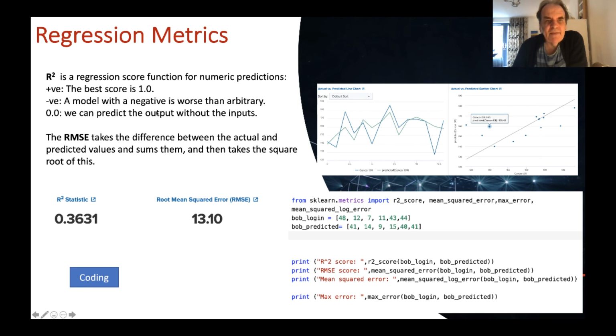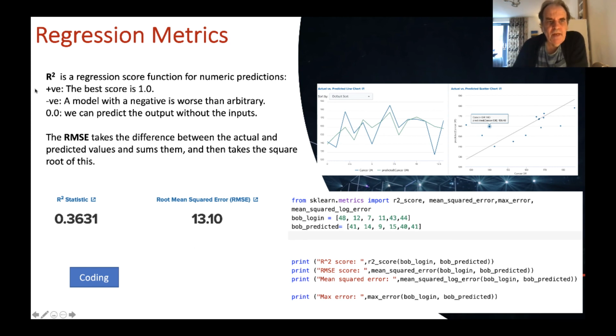If it's negative, then it's actually worse than arbitrary. If it's 0, then we can predict the output without knowing any of the inputs. So we vary from +1 down to -1. Anything below 0 is not a good score, and we want to get the R score up as high as possible.